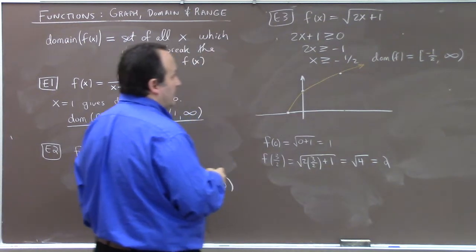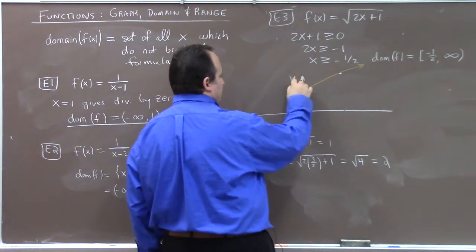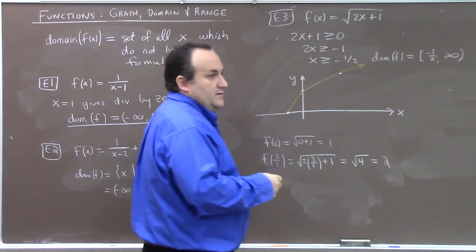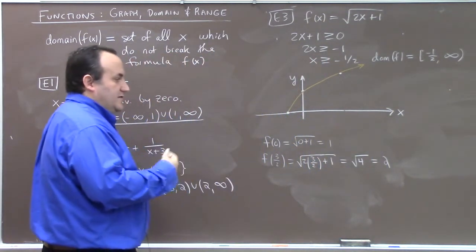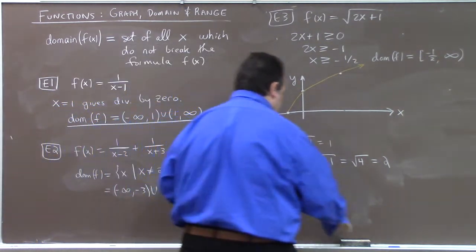All right. So that's what the graph looks like. Now, if we can draw the graph, right, we can also determine what the range of the function is. Let me write out a sentence here for us.